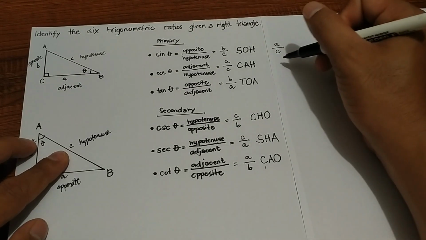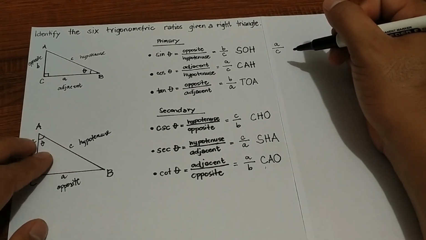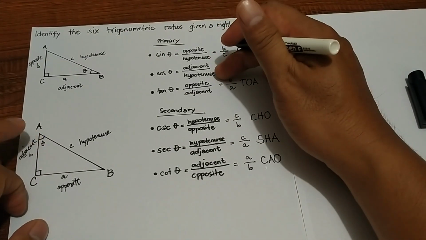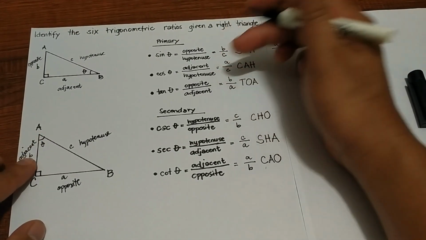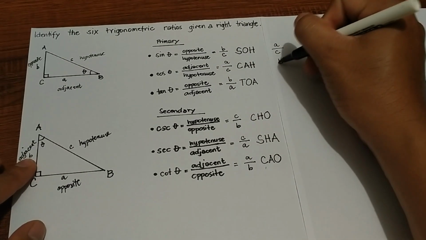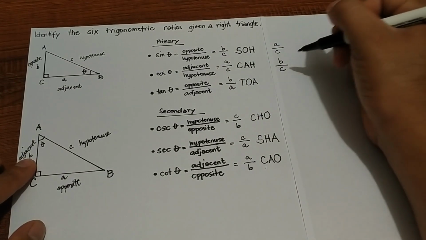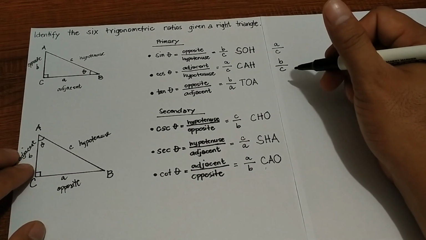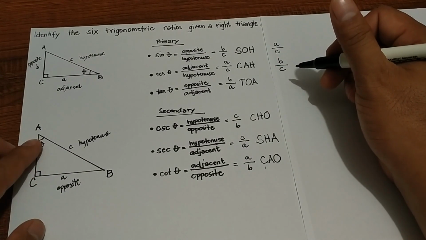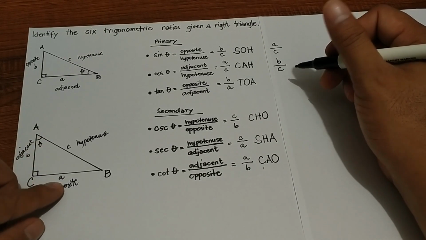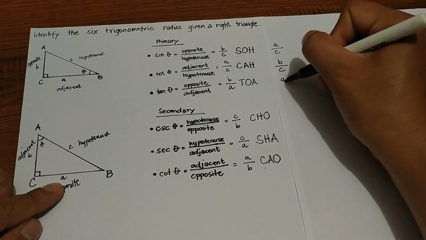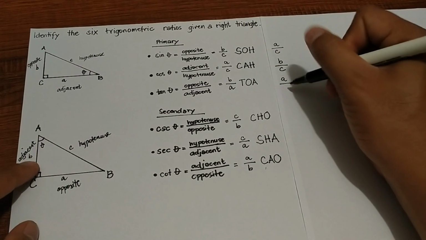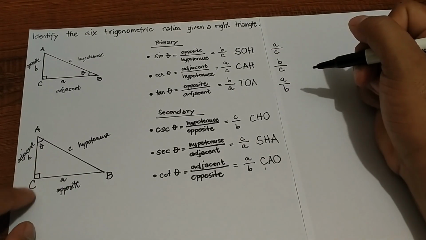Okay, when you will be asked for the cosine theta or cosine A, you have adjacent over hypotenuse. Where is our adjacent? That is now represented by B. So that is B over C. Is that clear? For the tangent, that is opposite over adjacent. Opposite of theta is A, so that is A over, what is our adjacent? That is B. Is that clear?